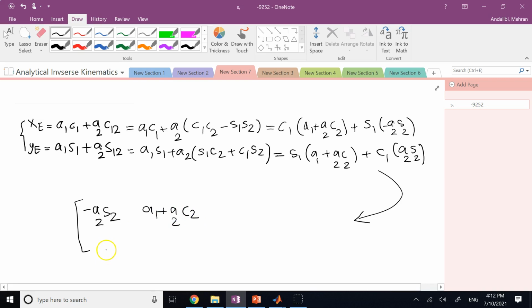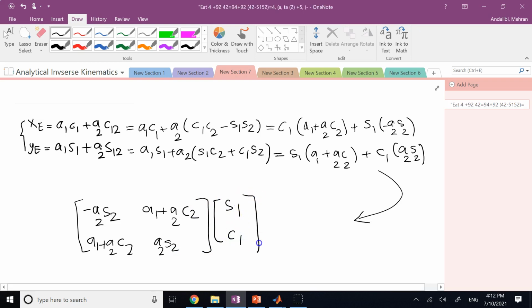And then again, A1 plus A2 cosine 2, and finally A2 sine 2. This thing times C1 and S1, I'm sorry, is going to give you XE and YE.